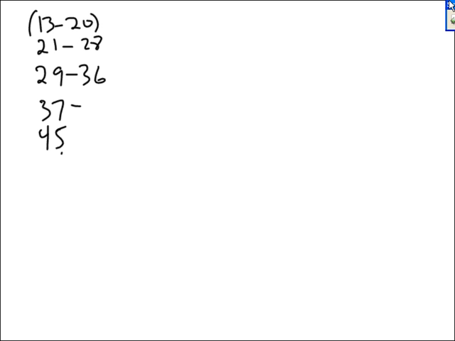From 13 to 20, 21 to 29, 30 to 37, 38 to 45, 46 to 52, 53 to 60.